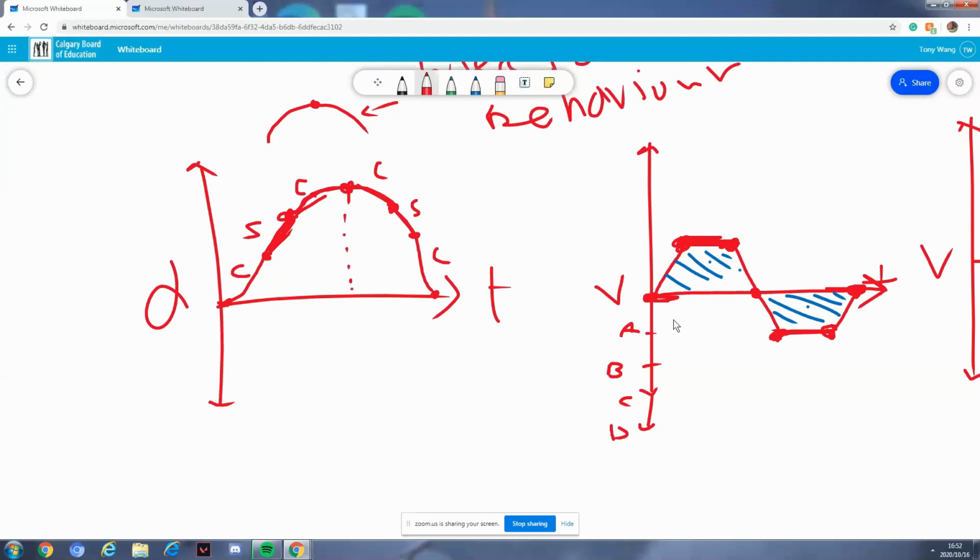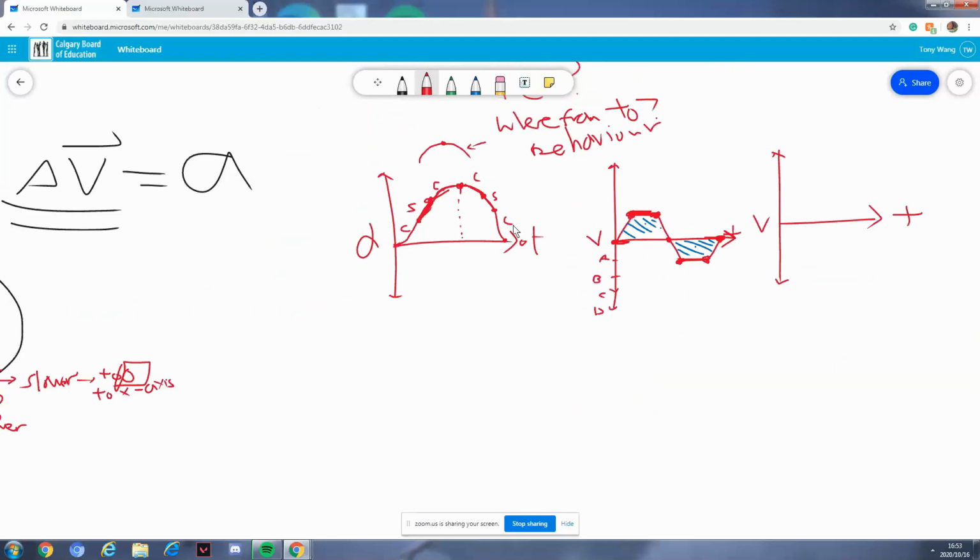Okay. So the final displacement of this object is 0. It comes back to where it originally started. Zero, right? It technically hasn't moved at all, but there was a formula that we can actually use to describe this.